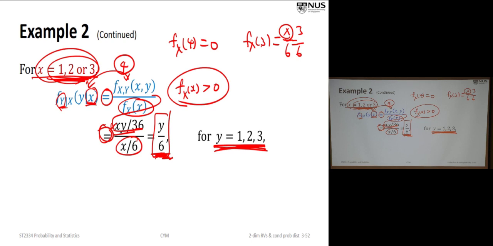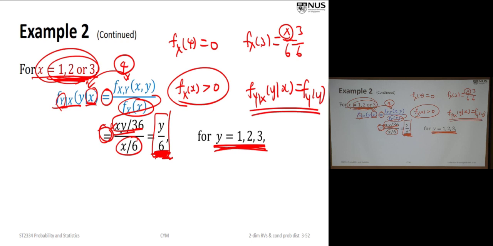I don't know, you can work it out. When I say independent, I look at it: so long as x equal to 1, 2, 3, the conditional distribution does not depend on x. So it does not rely on x. It doesn't matter whether x is 1, 2, or 3. They're the same, so it's independent. But of course, the definition is like this: f of y given x is equal to f of y.